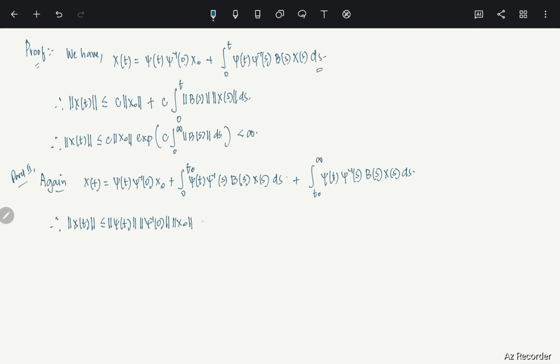That's what we're going to get, plus norm of phi of t. I can take that out, right? And then the integral from 0 to t0 of phi inverse of s, b of s, x of s ds.